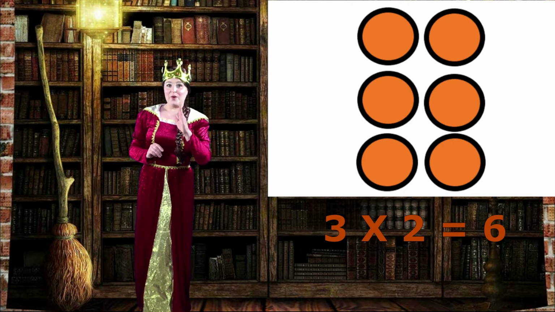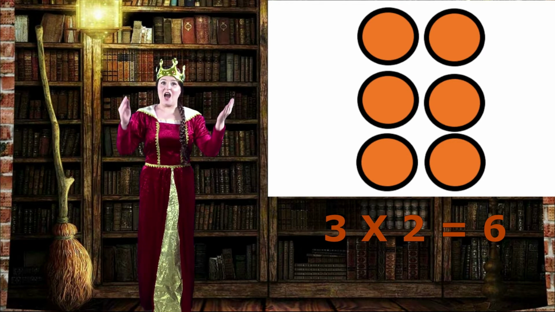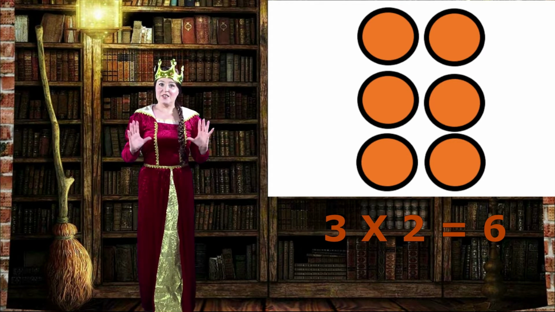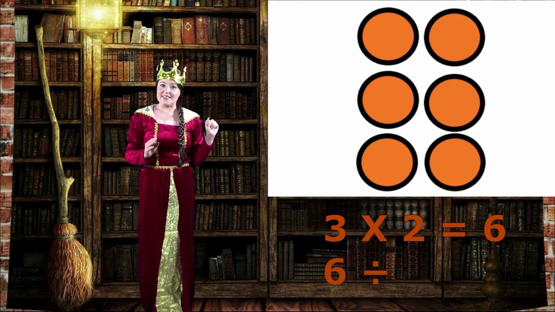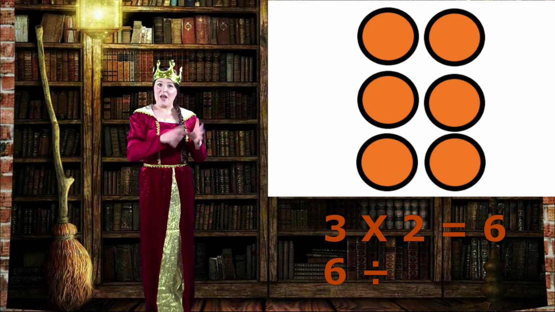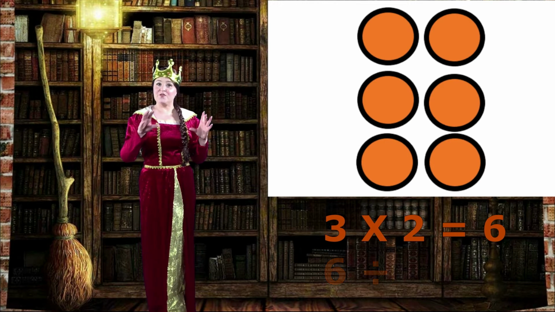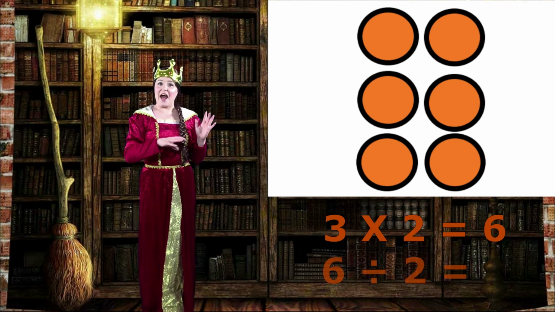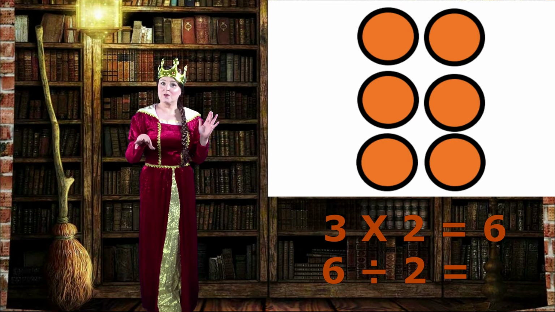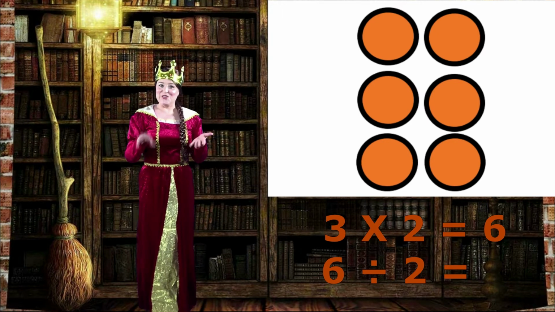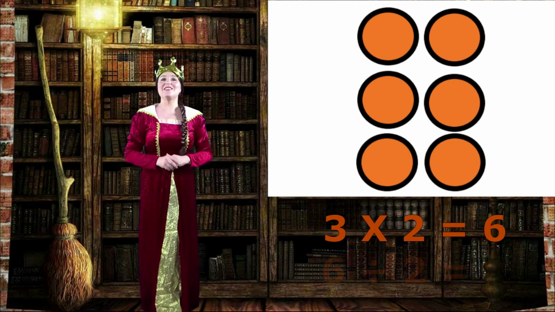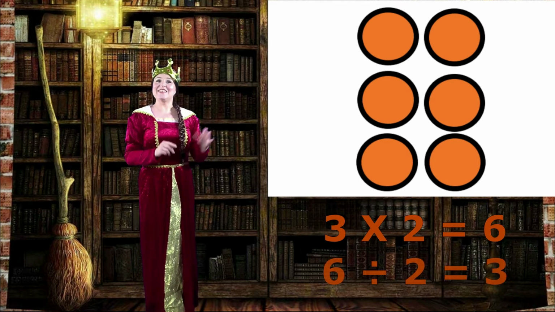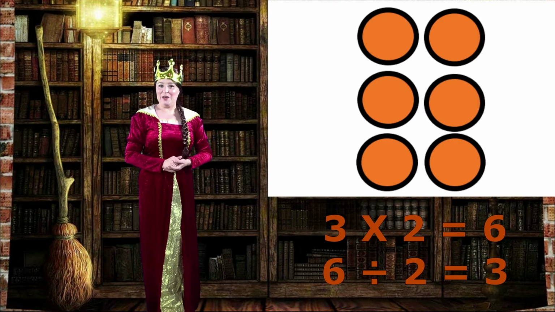Remember, in a division, we start with the biggest number. We start with how much we have together. So your first number should be 6. We have divided 6 into groups of 2. So it's 6 divided by 2. Good. 6 divided into groups of 2 gives us 3 groups. 6 divided by 2 equals 3.